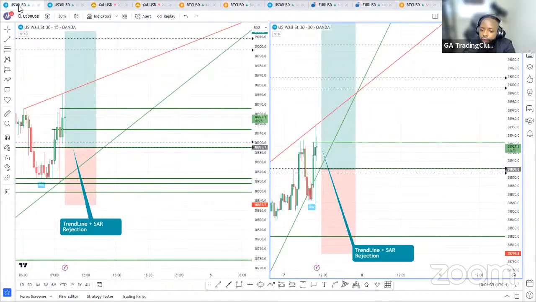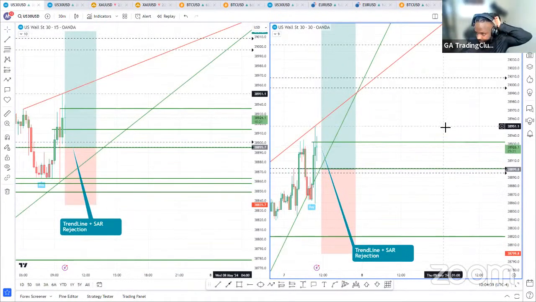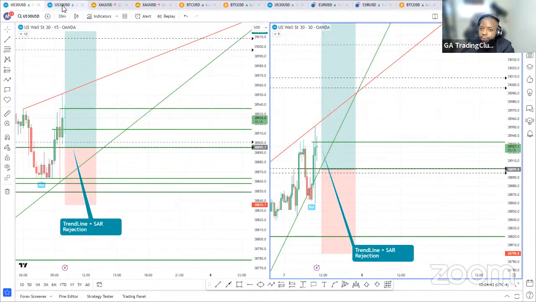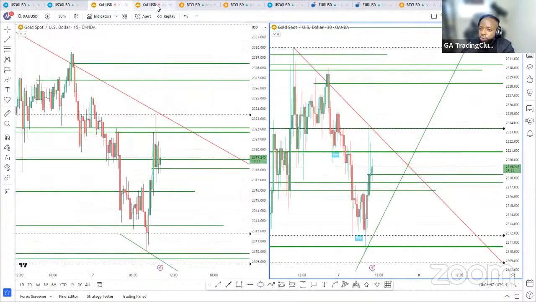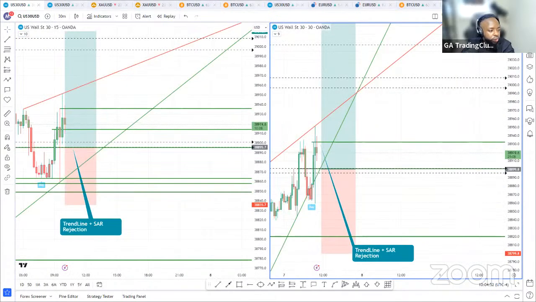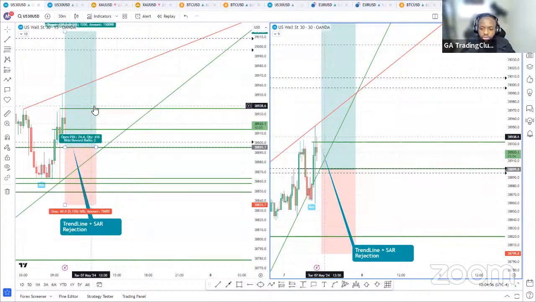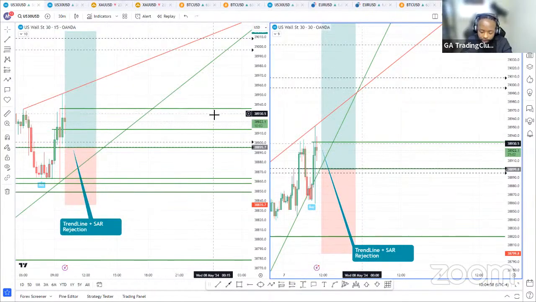All right, and US 30, still waiting for US 30. We'll see if we get any entries here on US 30. Nothing on gold. Today, probably the next trade would be this US 30 trade. Let's see if we can get a retest of that SAR.